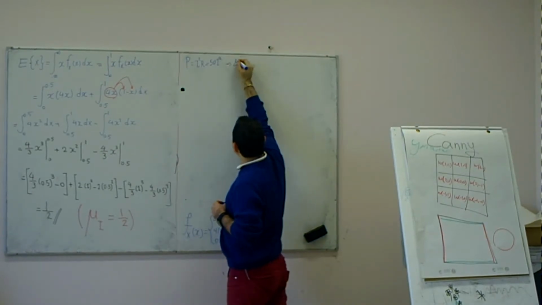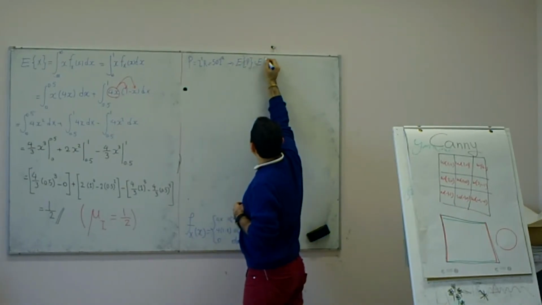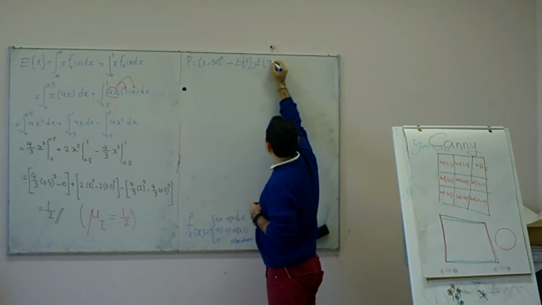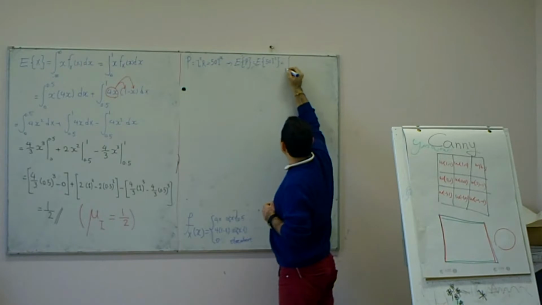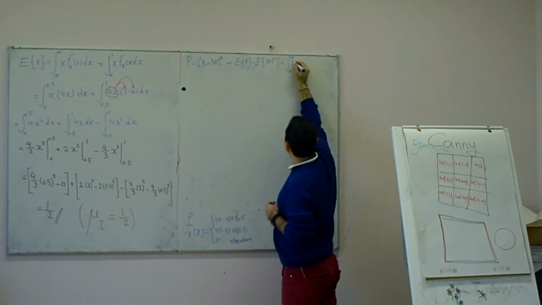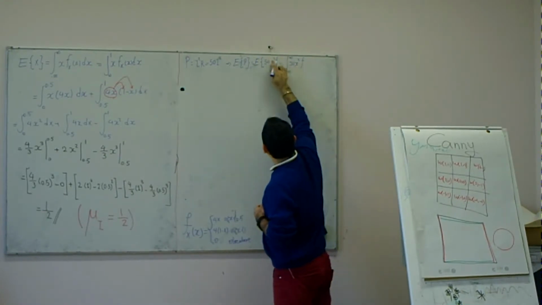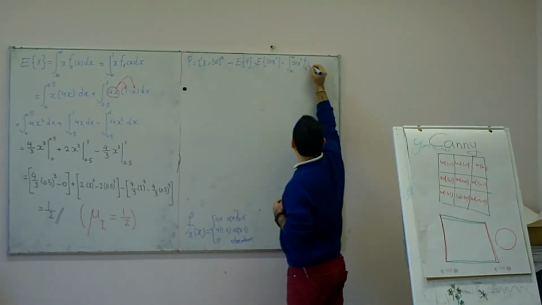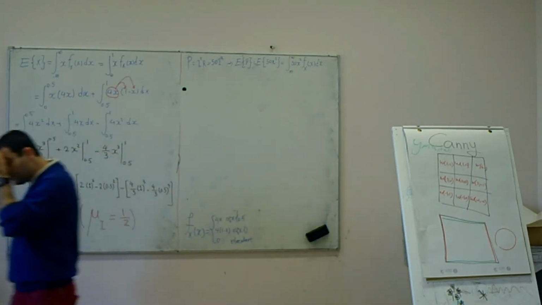So expected value of P is expected value of 50 I squared, which means the integral from minus infinity to plus infinity of 50 x squared, because the random variable for current is x, f(x) dx, right?